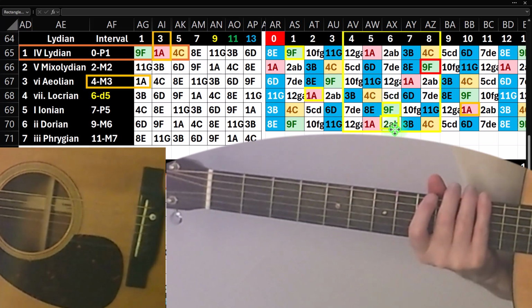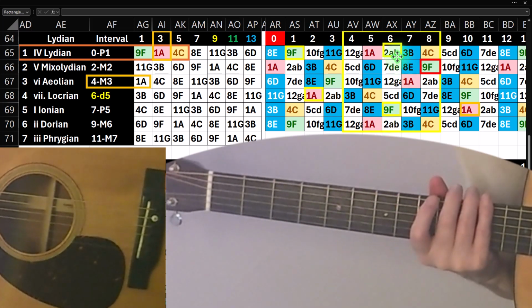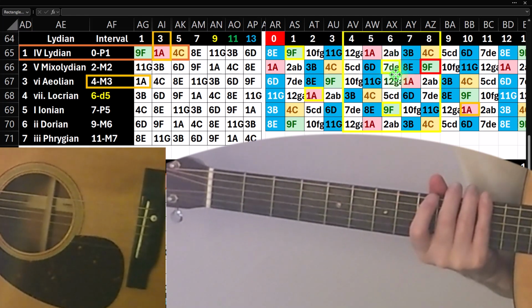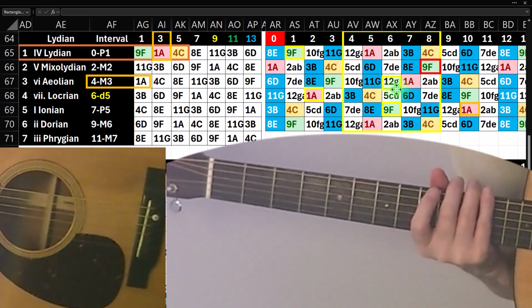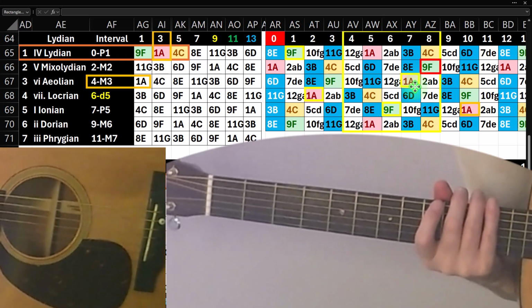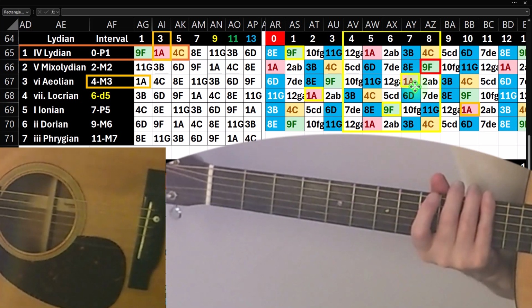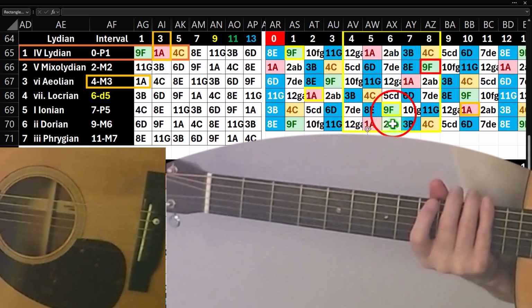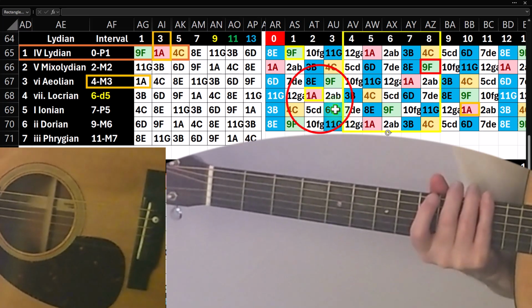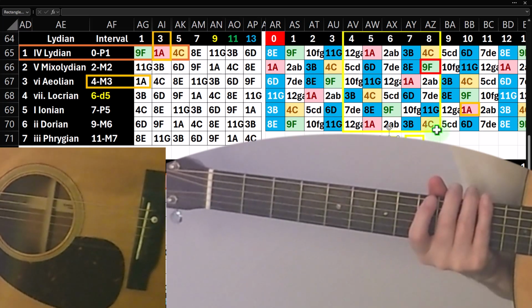So it would be 5 here, and then it repeats, 5 up here, and then 10, 15. 15 minus 12 would be 3, and then 4. So you could actually think of it as though you went down 3 strings from here, but you'd go around the horn. That's probably not the way most people would think of it, but if you can think of it that way, then I think we're getting a better grasp of the guitar. So maybe I just want to point that out.